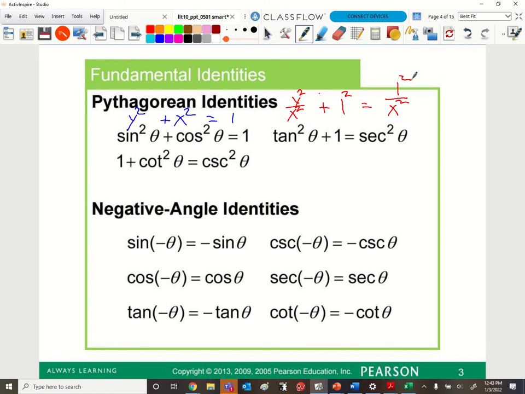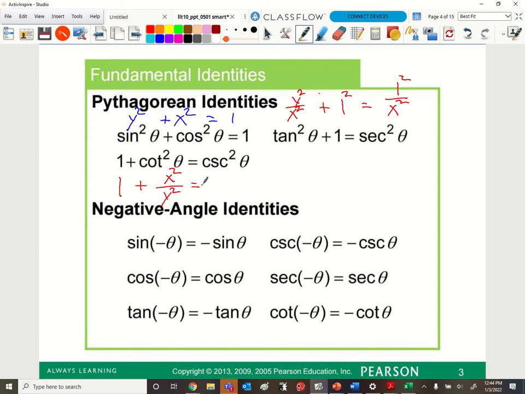Okay. And then I'm going to do this last one here. So the last one's going to turn into 1 plus cotangent, which is x over y, so it's x squared over y squared, is equal to cosecant.